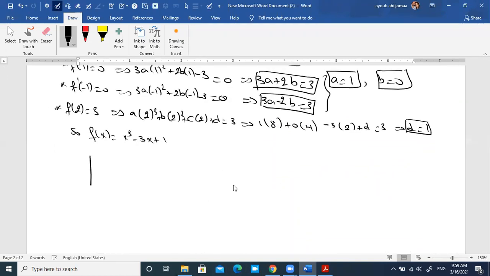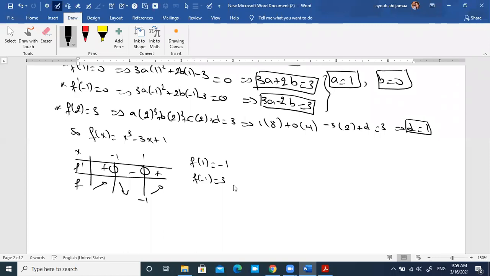We already found the derivative. Table of variations: x, f prime and f, negative 1, 1, 0. No need to repeat. Find f of 1 to find the minimum, which is negative 1. f of negative 1, replace, you get 3.